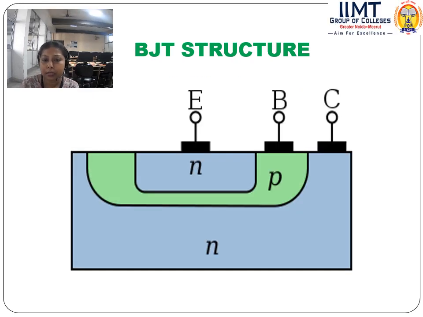The BJT structure contains three layers: emitter, base, and collector, and the types of BJT are NPN and PNP.